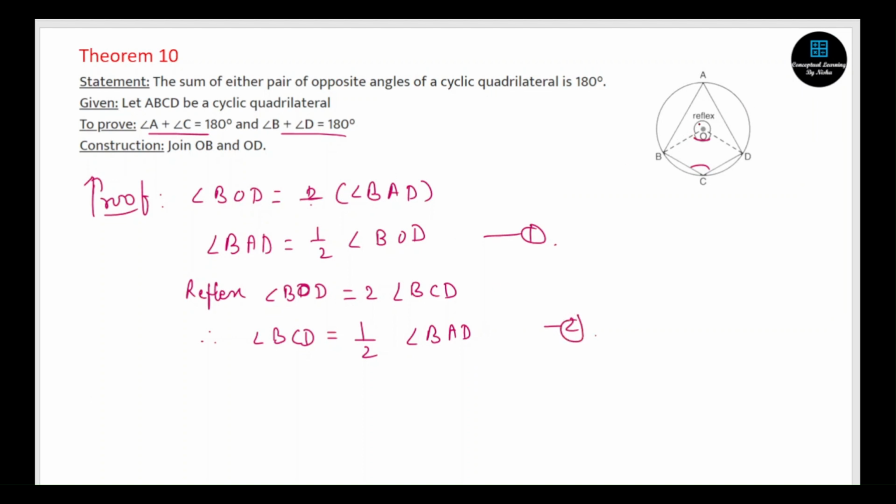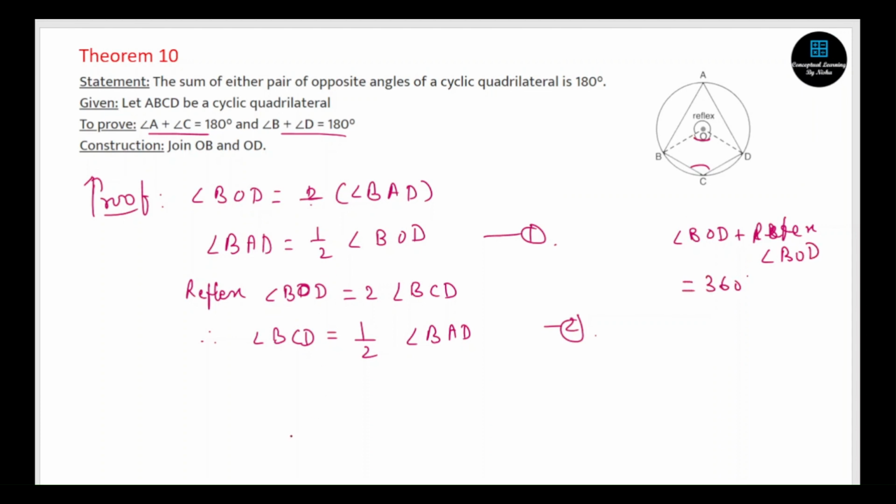Now if I add them, angle BOD plus, I'm sorry, reflex of BOD, let me write reflex of angle BOD. That gives me 360, correct?